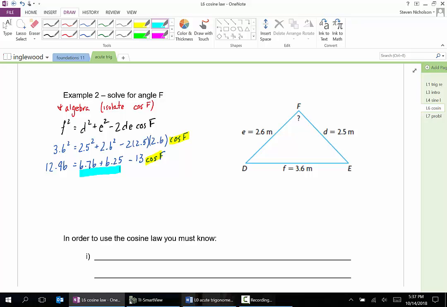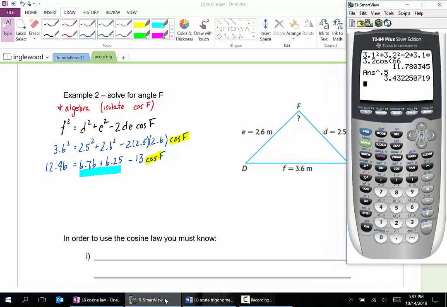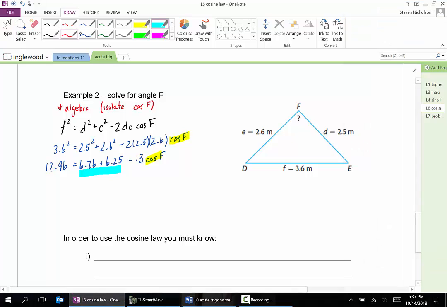So when I add together 6.76 and 6.25, we get 13.01. So we get 12.96 is equal to 13.01 minus 13 cos F.